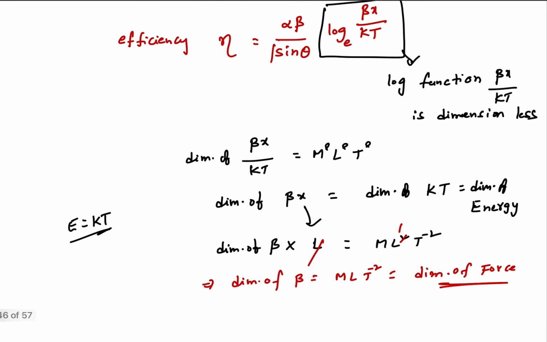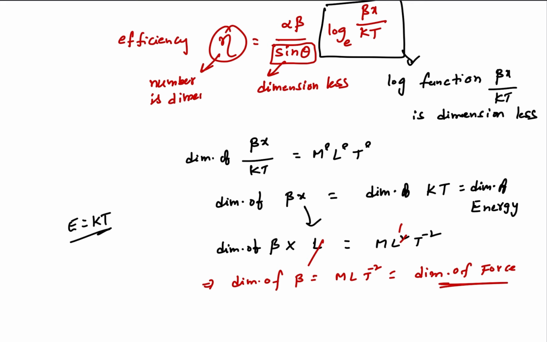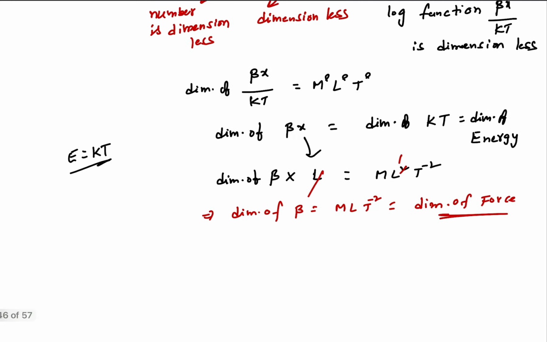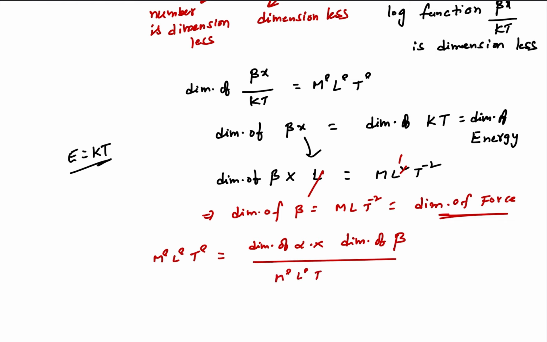Dimension of alpha inverse x is the same as that of energy. Again, according to the question, sin theta is dimensionless. Next, eta is efficiency, it is a number, so it is dimensionless. Here everything is dimensionless, so M^0 L^0 T^0 is equal to the dimension of alpha into the dimension of beta.